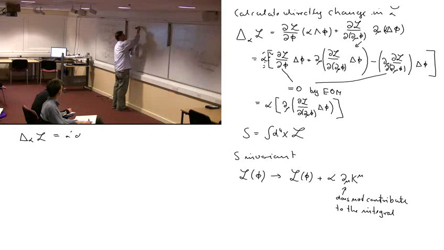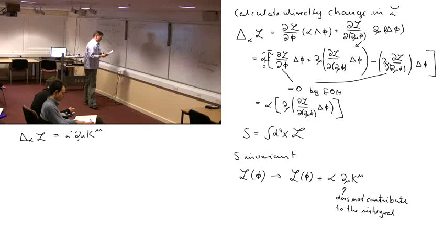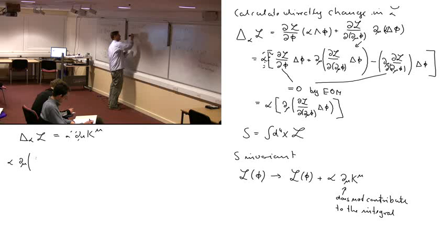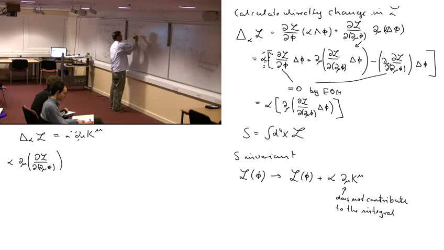It's just alpha d mu K mu. Okay, so we can now plug in explicitly our term over here. So we have alpha d mu dL by d d mu phi delta phi is equal to alpha d mu K mu.